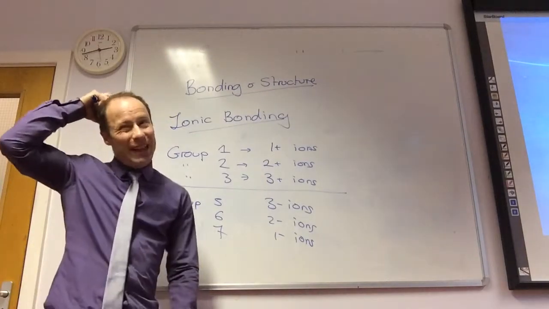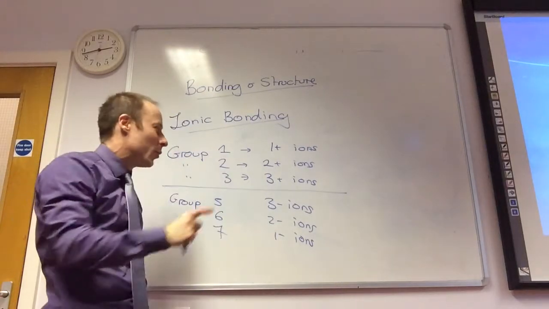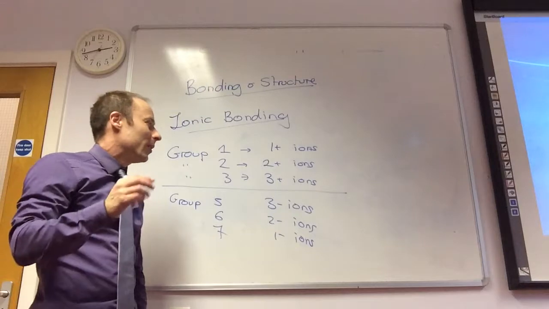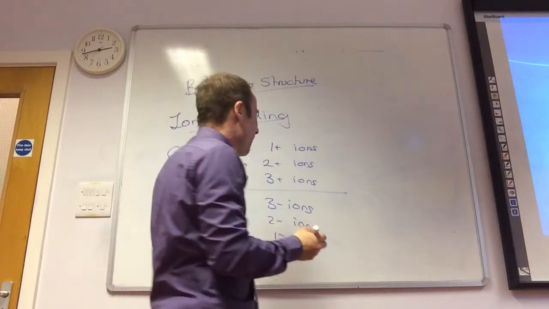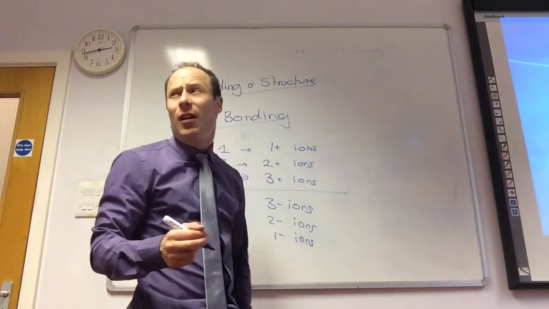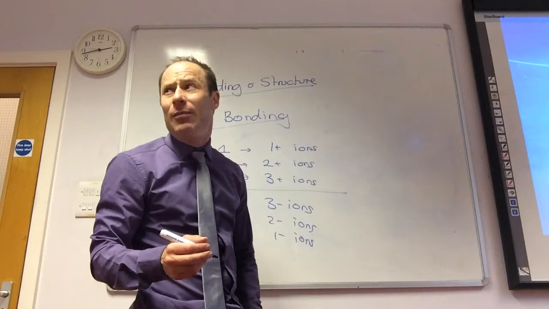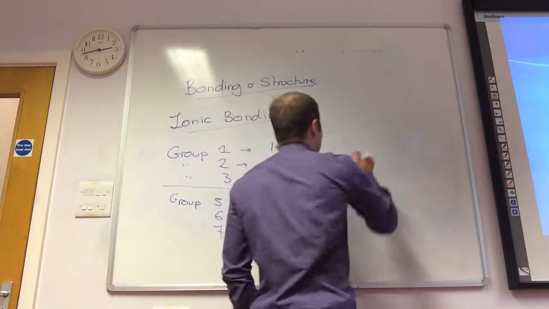Before you can really draw your ionic compound, like with the square brackets, you've got to be able to work out the formula as well. So, for example, if they said, what is the formula of aluminium bromide?